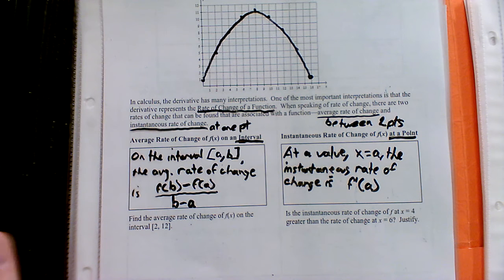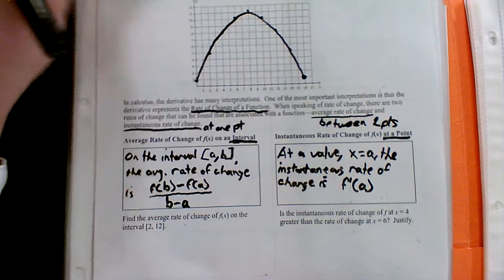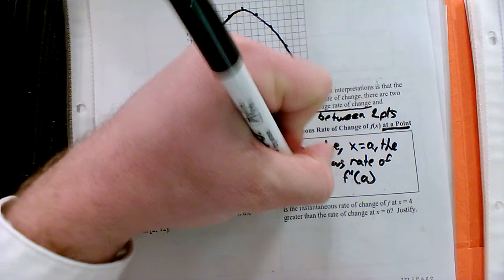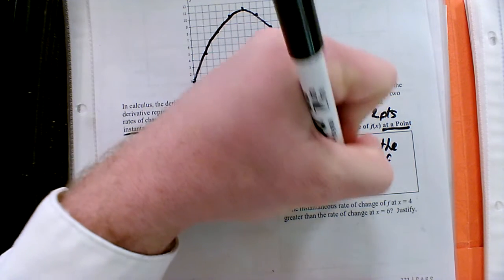We've evaluated a derivative at a specific point, but what that actually is, that's that instantaneous rate of change, or that slope, at that specific point. So in other words, this is slope of tangent.